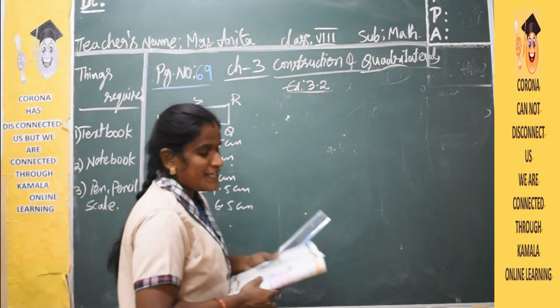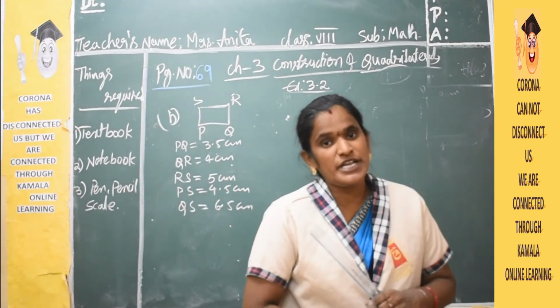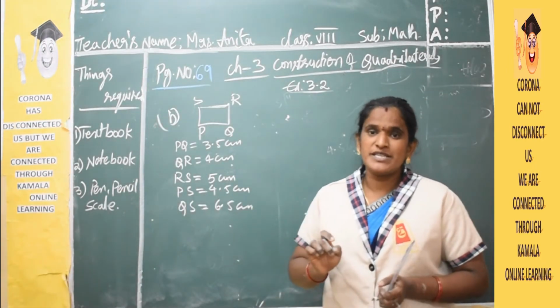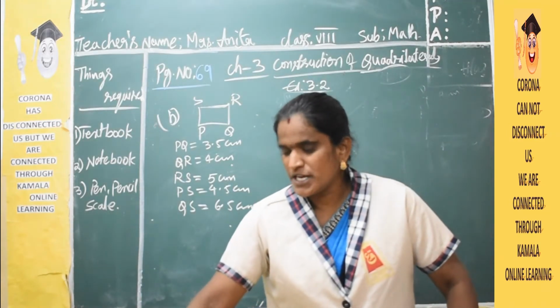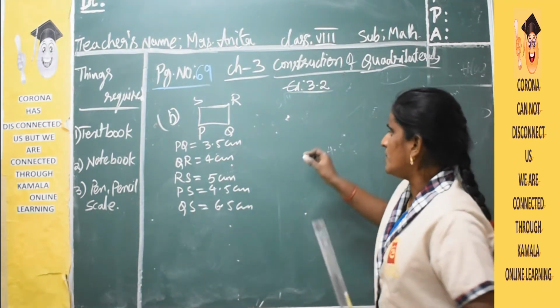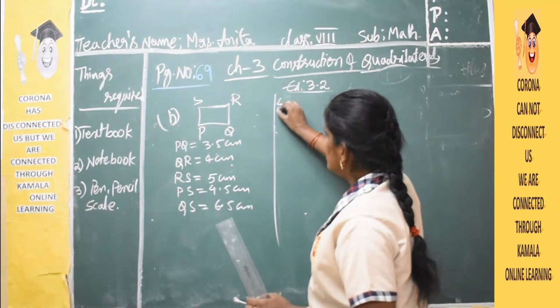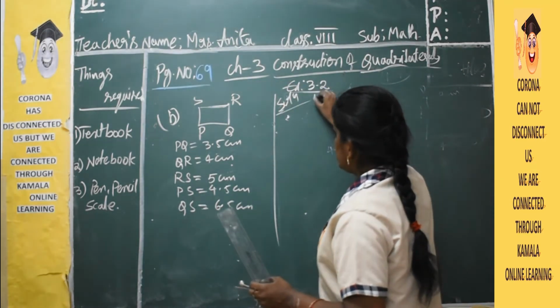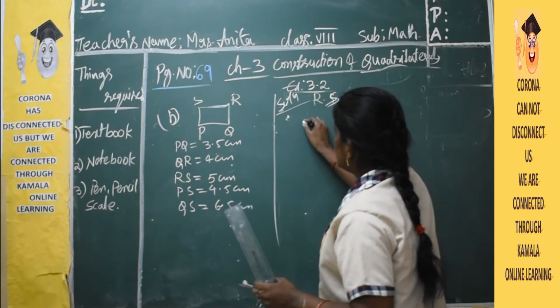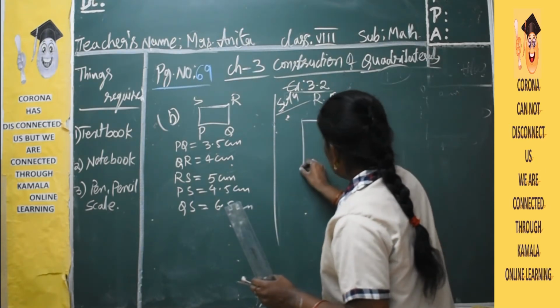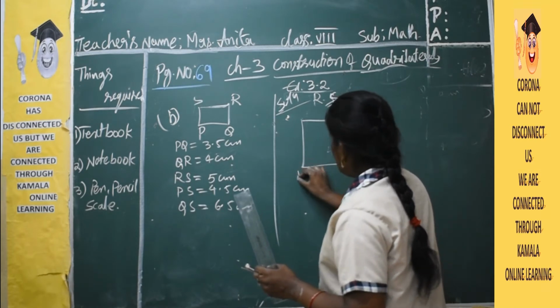Okay, children. In this problem also, first, whatever problem is given, you have to draw the rough sketch. You have to draw the rough sketch for each and every problem. So, solution. First, rough sketch. Which type of quadrilateral we will get, we don't have an idea.